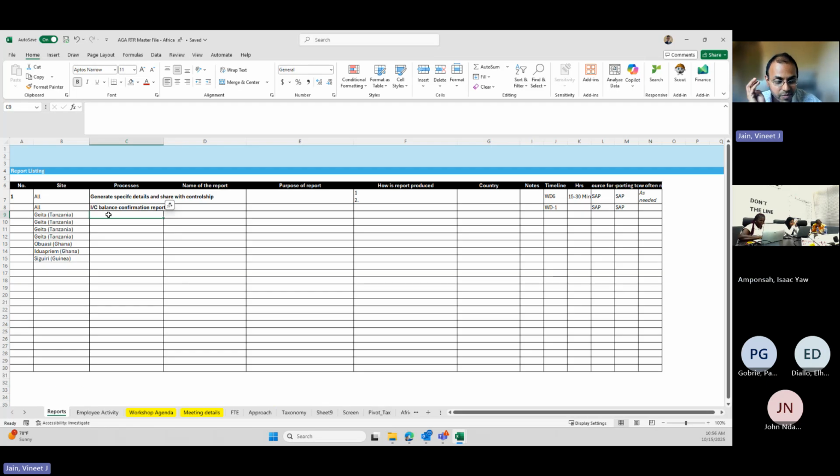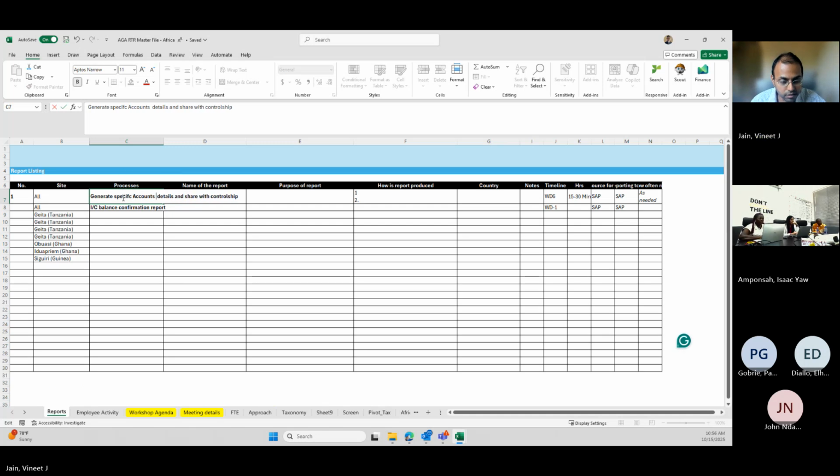And intercompany, you mentioned trial balance, specific details and shares. In this first one, what kind of specific ledger accounts should I say? For example, what kind of accounts you share with the controllership? Accounts within their responsibility.